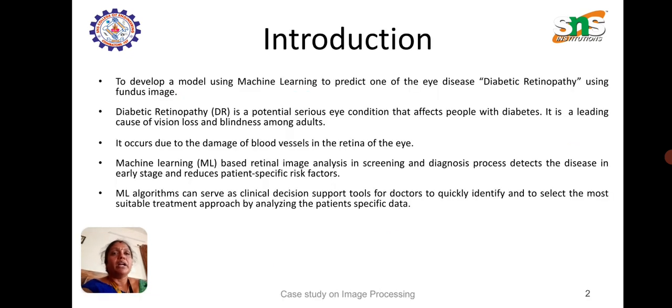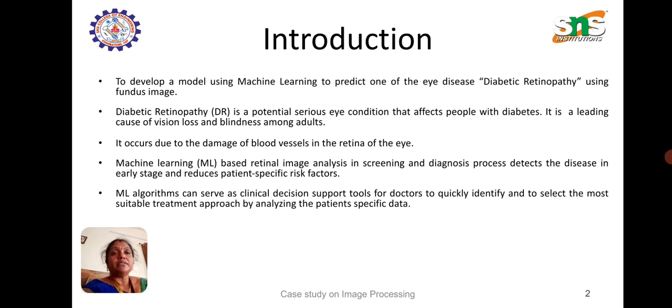And here I am taking a model to analyze medical image processing using ML and DL. I am taking the problem of diabetic retinopathy. They developed a model using machine learning to predict one of the eye diseases, diabetic retinopathy, using fundus images.